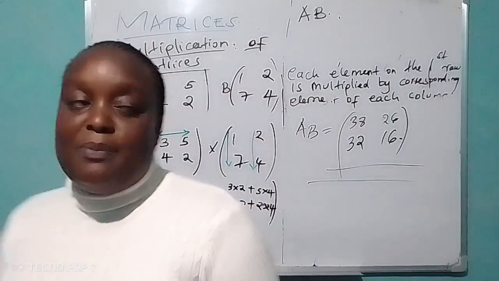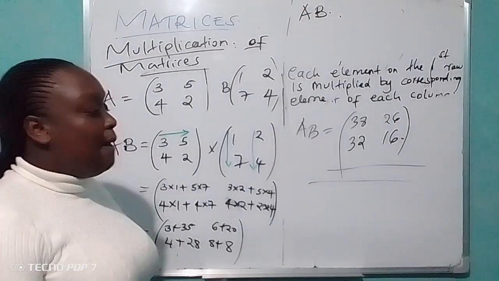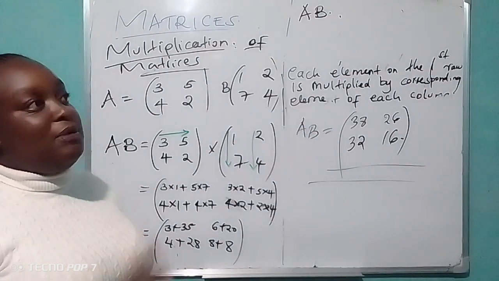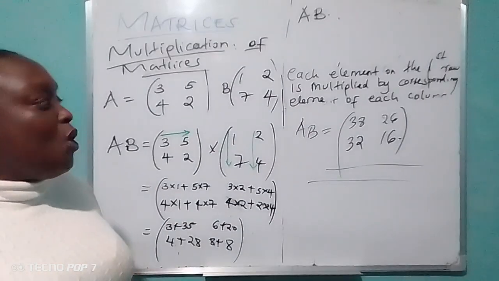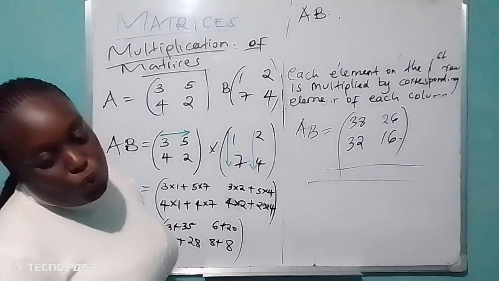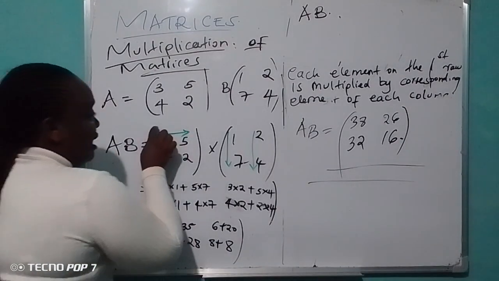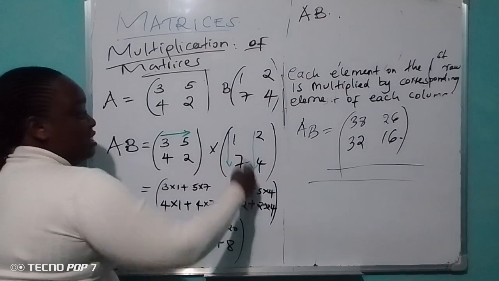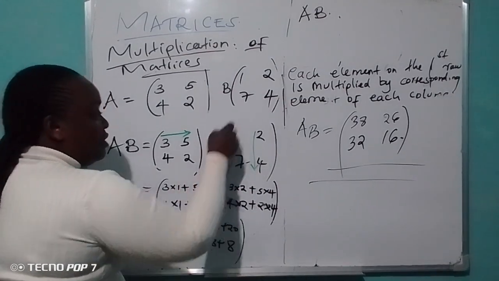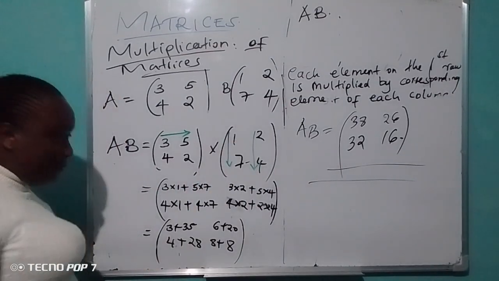I hope up to that point tumeelewana. Multiplying, addition, multiplication and subtraction of a 2 by 2 matrix. Hope tuko sawa. So multiply the first row with each column, the second row with each column. Okay?